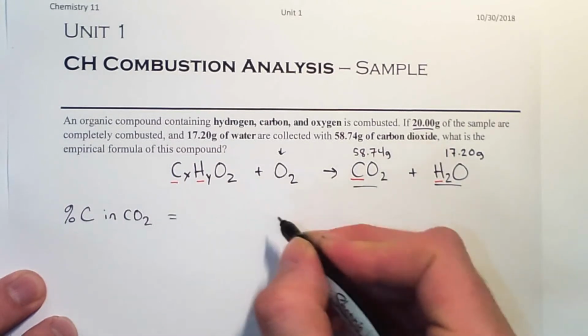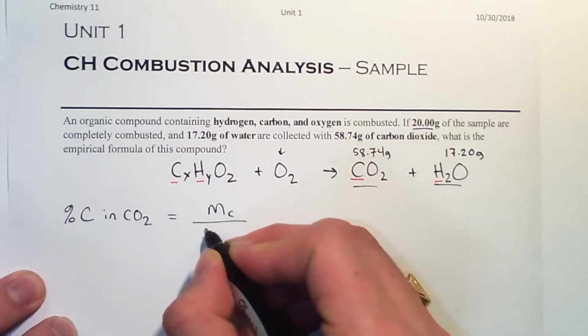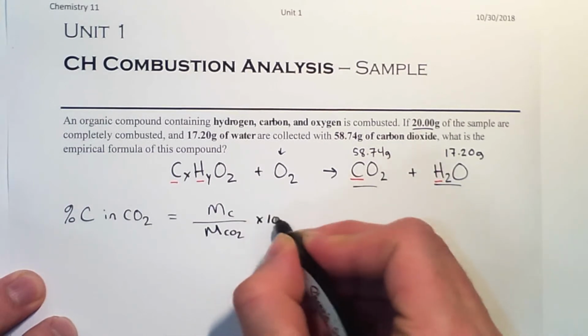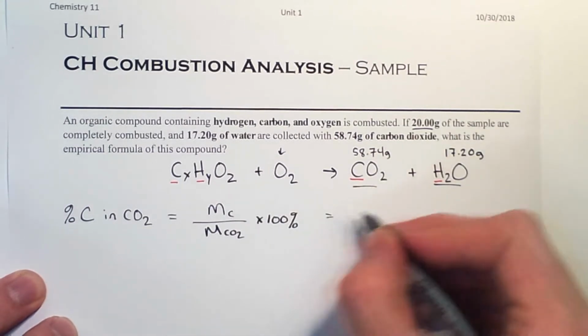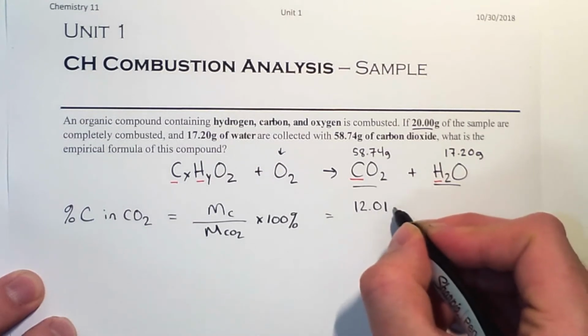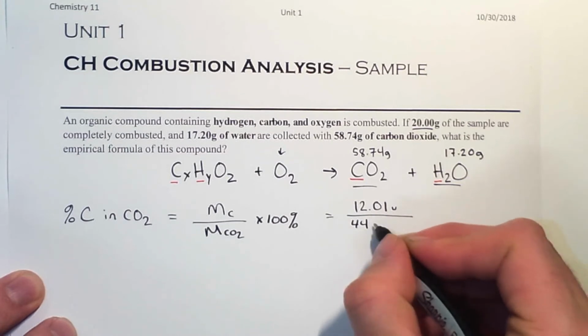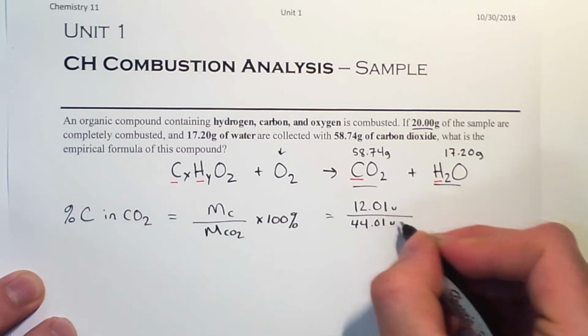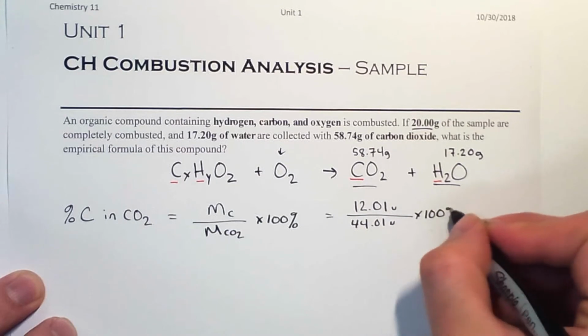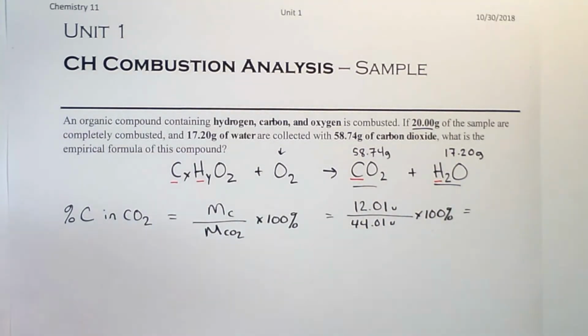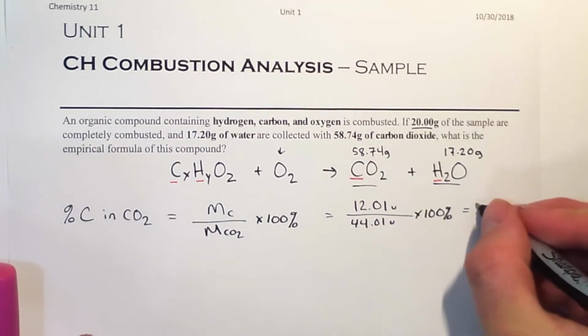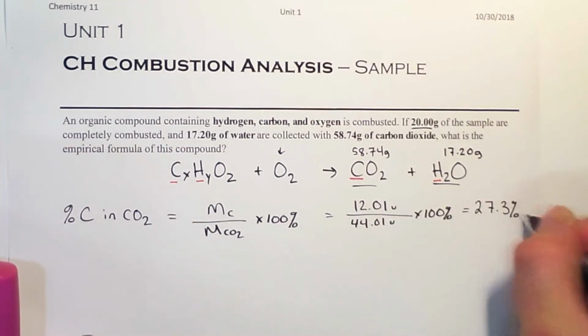So percent carbon, and this is always the case, in CO2 is equal to the mass of carbon over the mass of CO2 times 100%, which is equal to 12.01 u over 44.01 u times 100%. 12.01 divided by 44.01 times 100 is 27.3%.